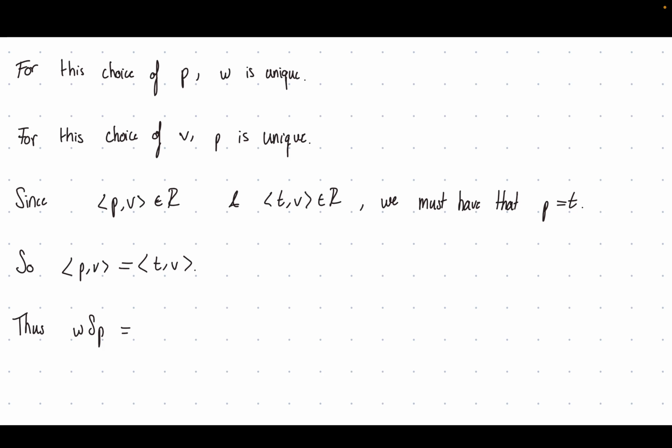Sorry, just to make the flow clearer. So P is equal to T, right? So WSP must be equal to WST, right? Which is if and only if WT is an S.